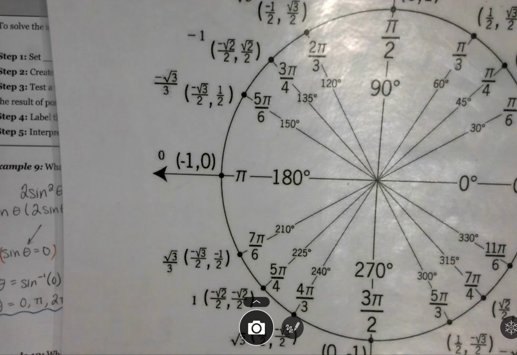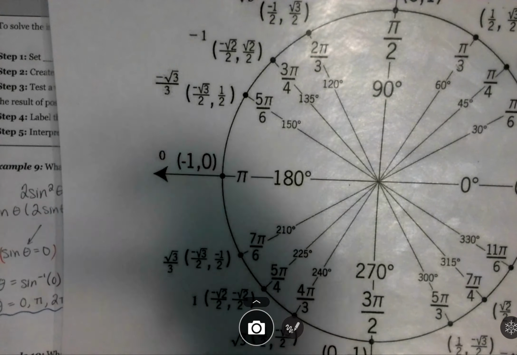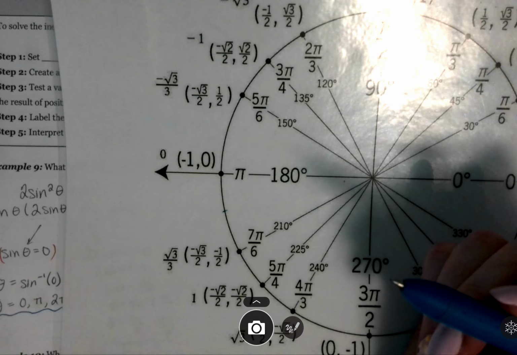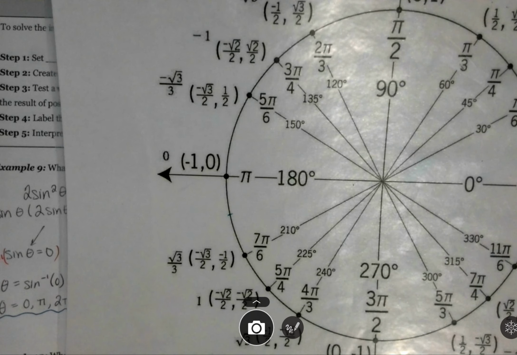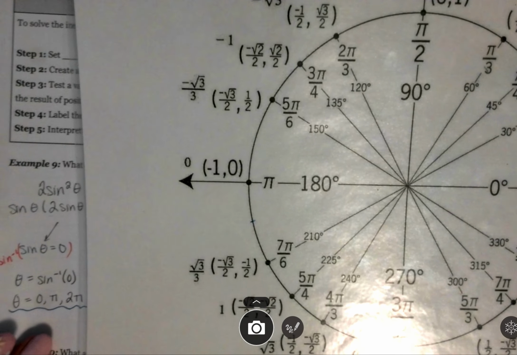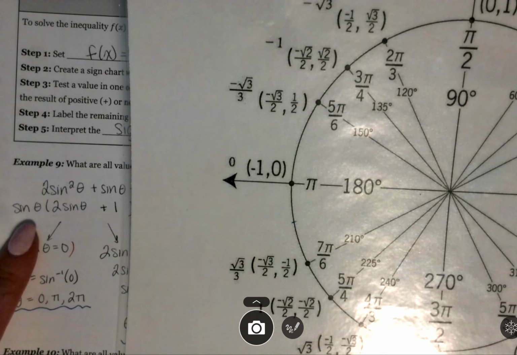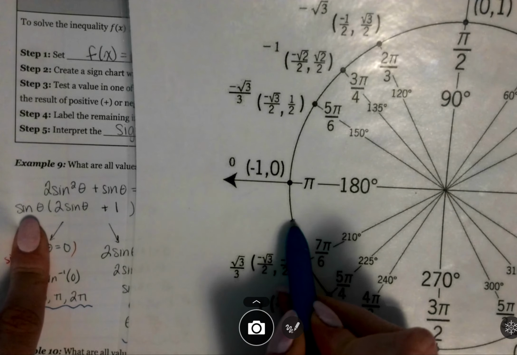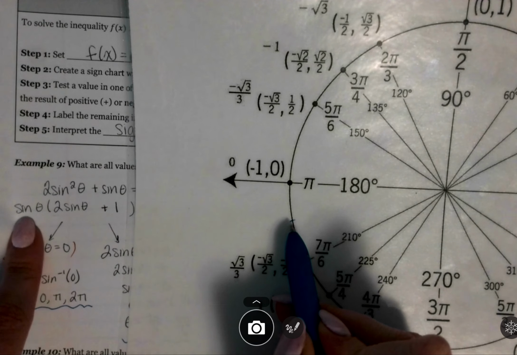Technically, I could do 13 pi over 12, and I could just plug in my calculator to check the sine values, but I don't know for sure if it'll be part of the non-calculator section. So somewhere over here, let's just say my angle's right in the middle. If I peek at my factored form, sine of this angle has to be negative because I'm just here and there's nothing else happening to this value.